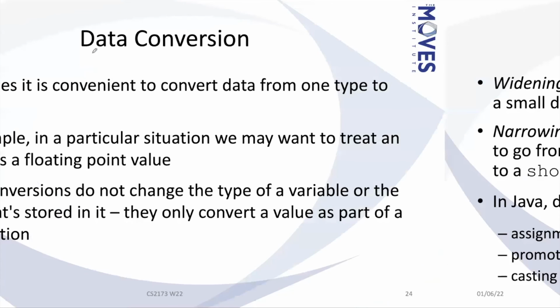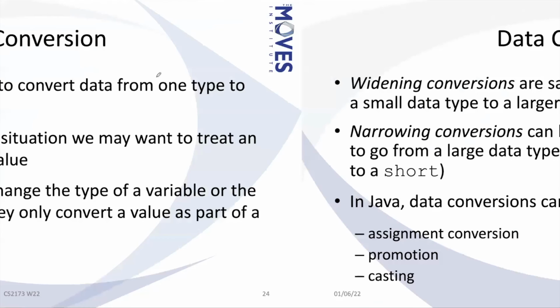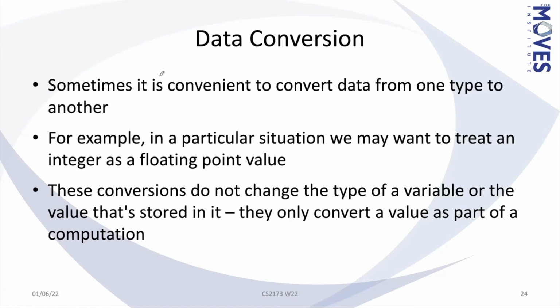The average is 3.5. The number of dots is going to be an integer, but if I want to compute the average, I would do 1 plus 2 plus up to 6, and I would divide by 6. But integer division would give me 3, which is not the correct average.